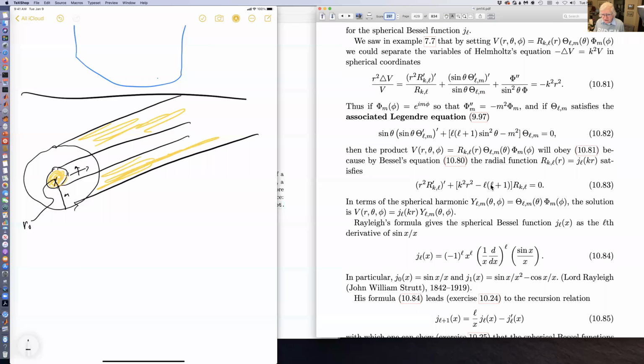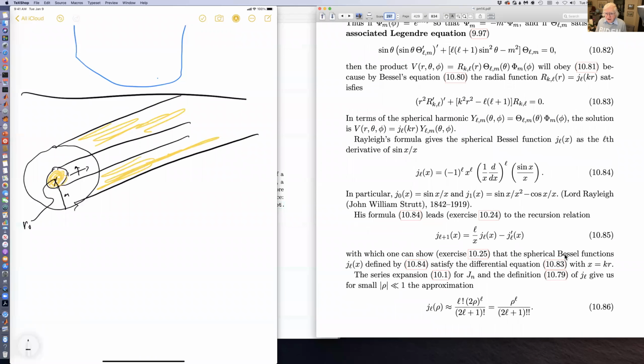Well, they're simpler because Rayleigh showed us that the spherical Bessel function of index L was simply minus 1 to the L, x to the L, and then this operation here, 1 over x d by dx, applied L times to the ratio sine x over x.